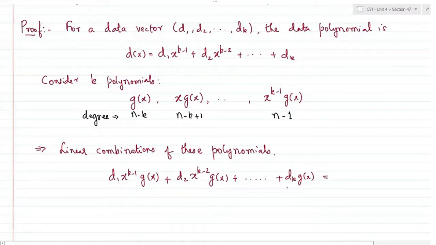Then this would obviously be the polynomial d of x times g of x. That's what I have done.